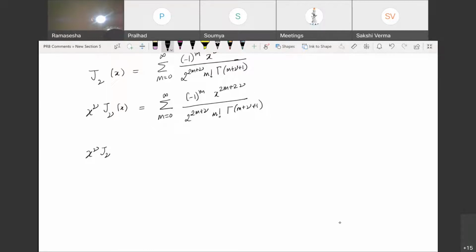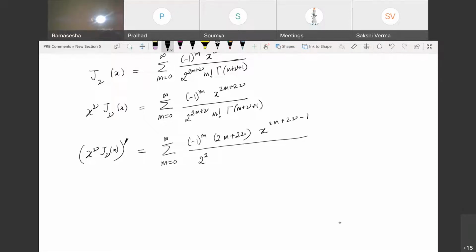Okay. So this sigma over m, minus 1 to the power m, into x to the power 2m plus nu minus 1, divided by 2 to the power 2m plus nu minus 1, m factorial, gamma m plus nu.